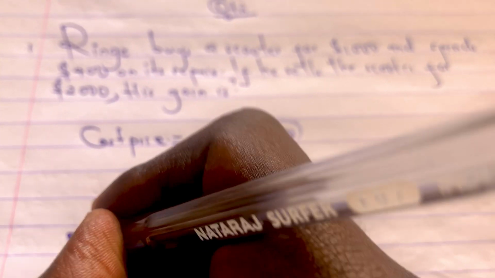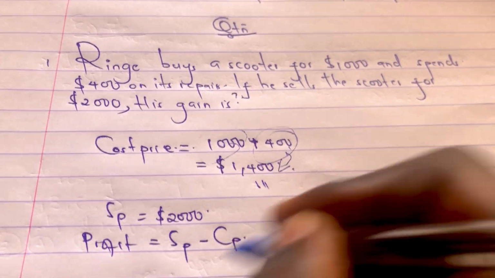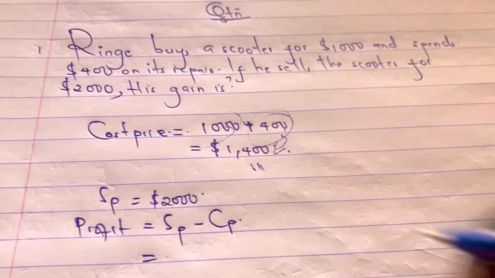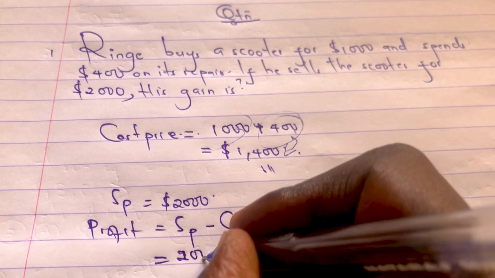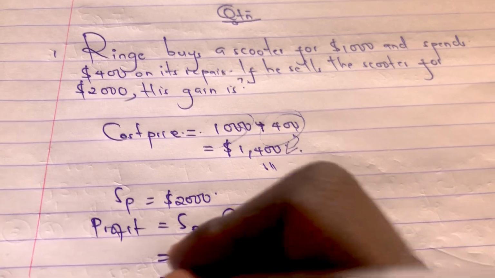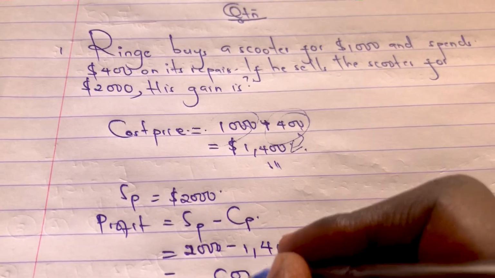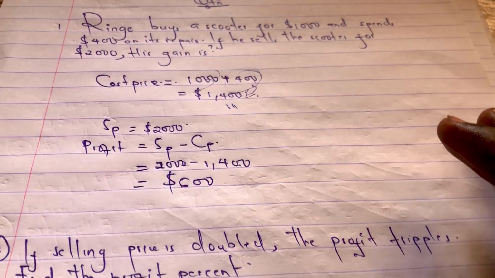So his profit will be the selling price minus the cost price. The selling price here is $2,000 minus 1,400. The difference here is 600. So he made $600 from his purchase. He made that profit.